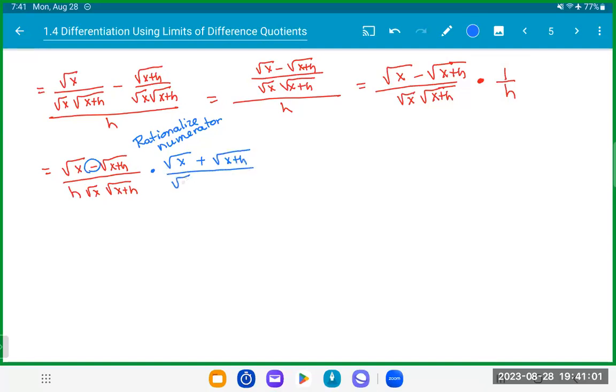But whatever we do to the top, we have to do to the bottom. It's like we're just multiplying by 1, because anything divided by itself is 1. Okay?